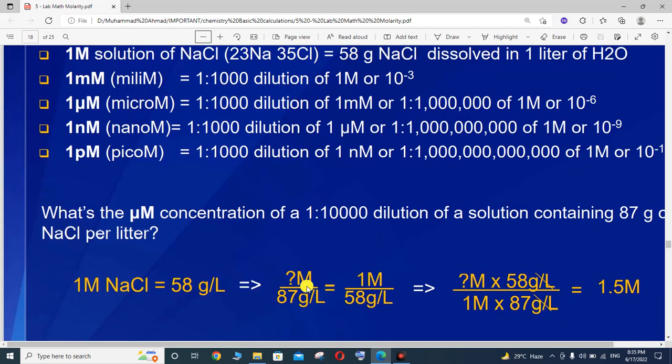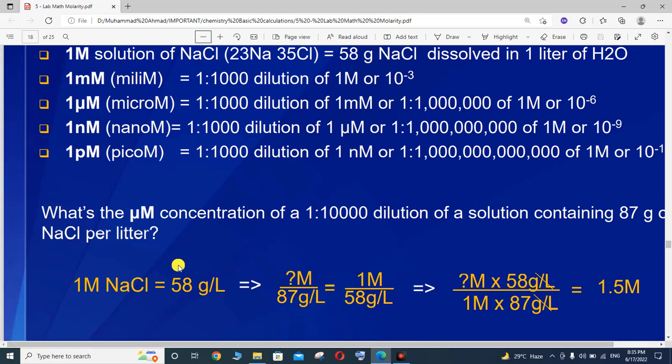Now look at this example. What is the micromolar concentration of a 1 ratio 10,000 dilution of a solution containing 58 gram of NaCl per liter?